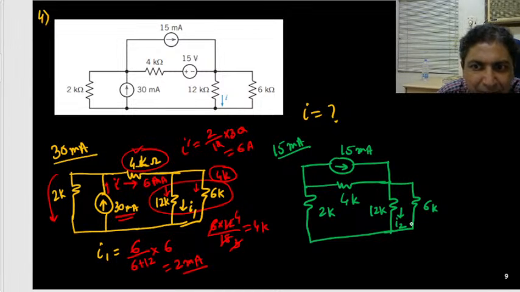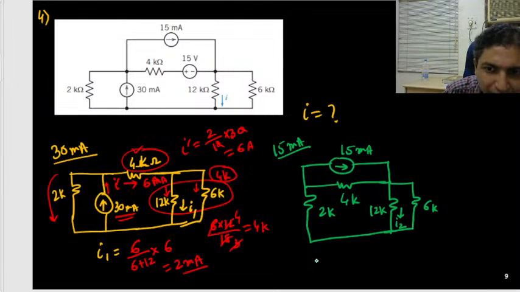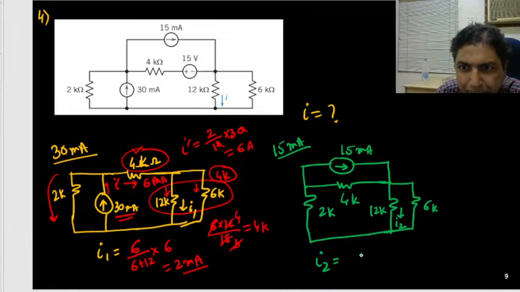In a very similar manner you can find the current I2. So what is I2? Anybody?